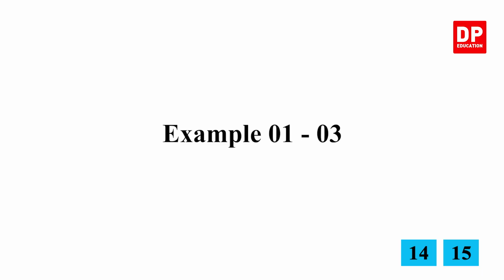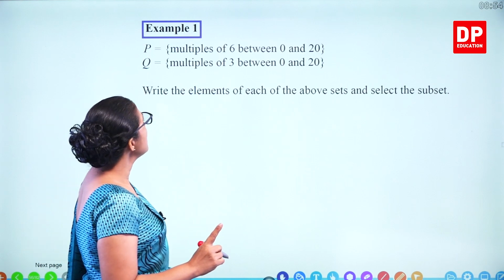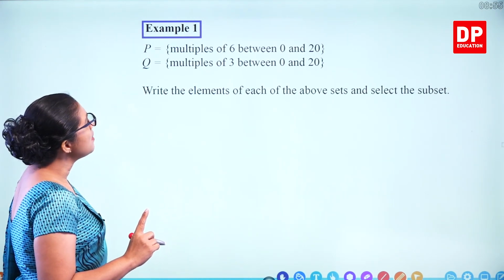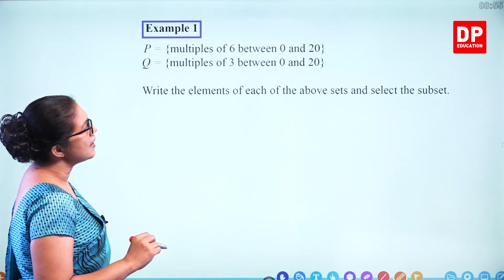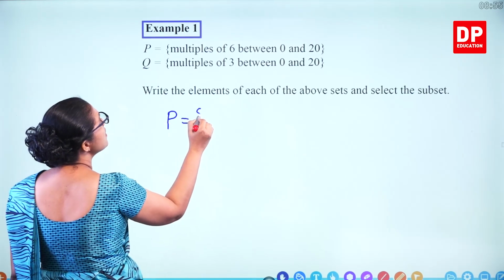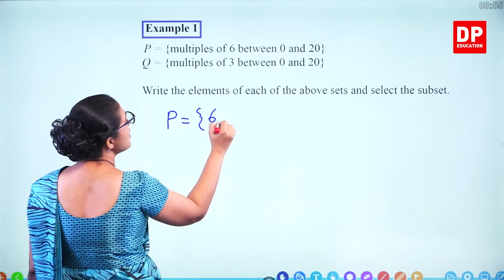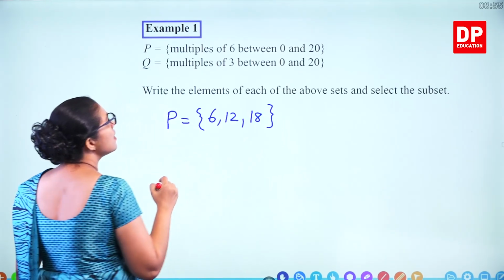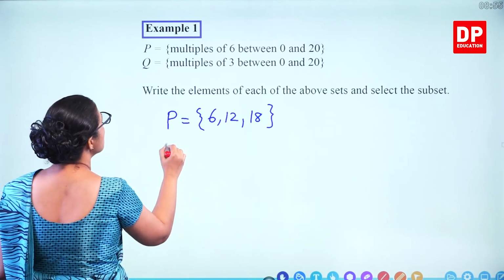Example number 1. Multiples of 6 between 0 and 20 and multiples of 3 between 0 and 20. Write the elements of each of the above sets and select the subset. Multiples of 6: 6, 12, 18. Between, you can't take 0 and 20.